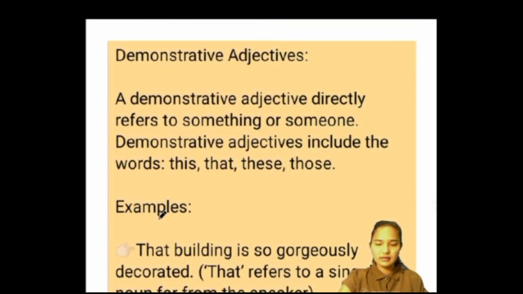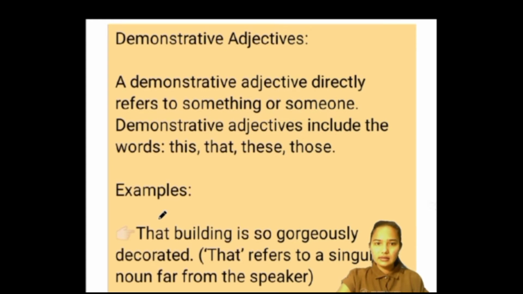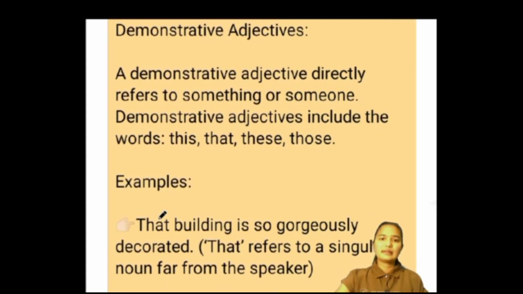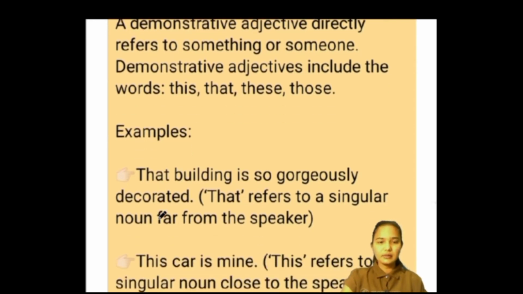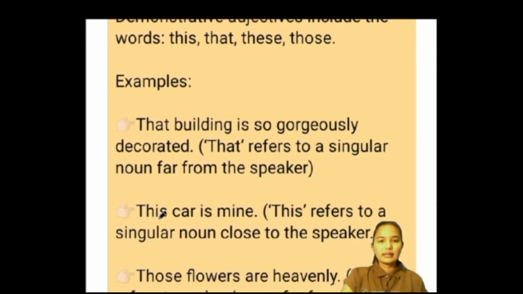Now the next one in the series is demonstrative adjective. A demonstrative adjective directly refers to something or someone. It will tell you the direct content, right? Demonstrative adjectives include the words this, that, these, and those. That is the example: That building is so gorgeously decorated.